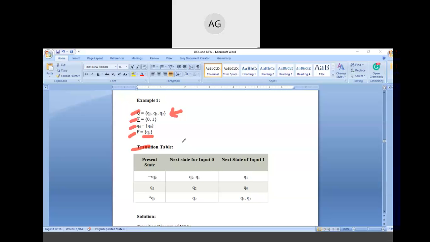The transition table is given, so you need to find the transition diagram of this NFA. Whoever completes it, write in the chat box.